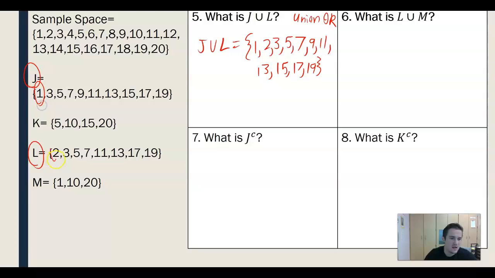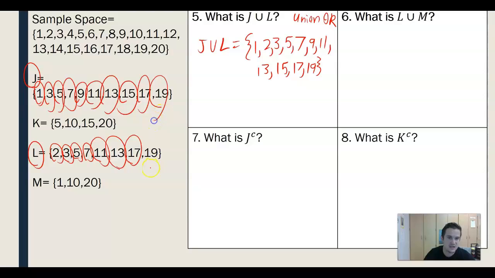I wrote down every number that was in either J or L, all in order here, so I didn't repeat any of the numbers. That's the union of set J and set L, because it was all the elements that are either in set J or, that's what union means, or set L.